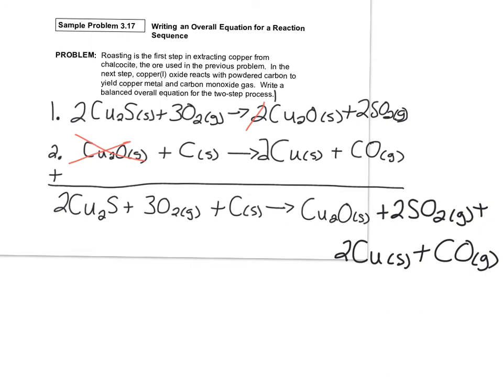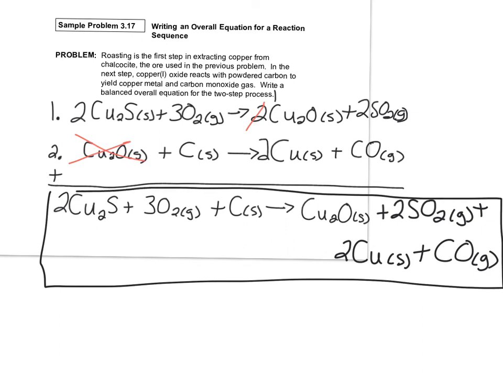On the right I've got 1, 2, 3, 4, 5, 6, because I've got 2 of those. So I have 6 oxygens on both sides of the arrow. The next thing is the carbon. I've got 1 carbon, 1 carbon. So this balances out. That must mean I did everything correctly. So I'll put my box around it. And that is my balanced equation that I got from this reaction mechanism, from that 2-step process.